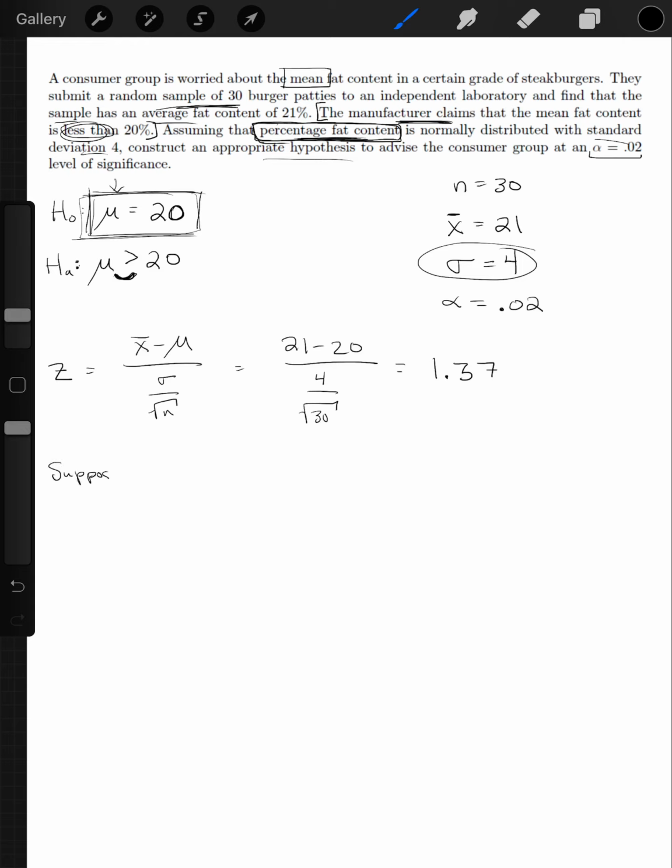And so let's say, suppose we fail to reject H naught, right? So this is our conclusion.